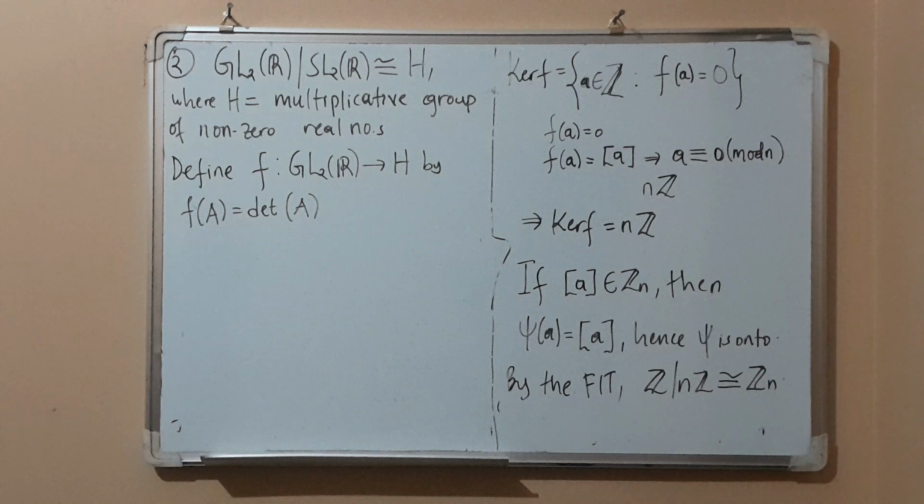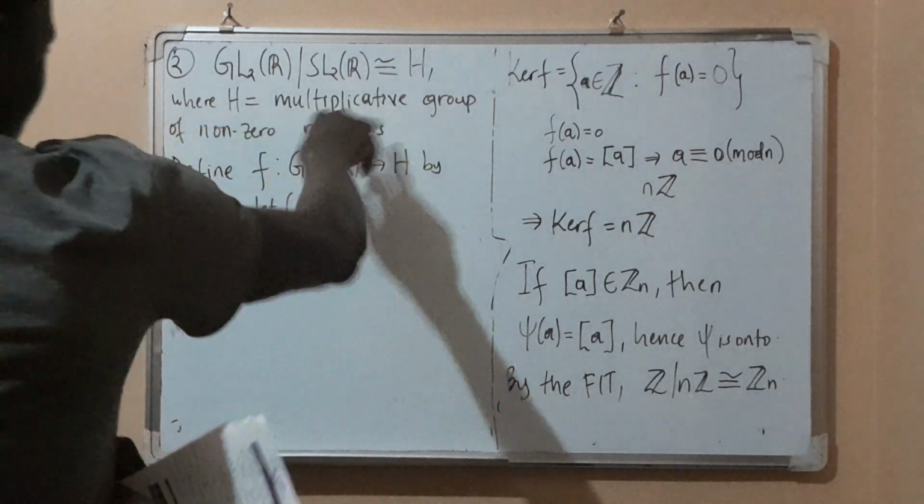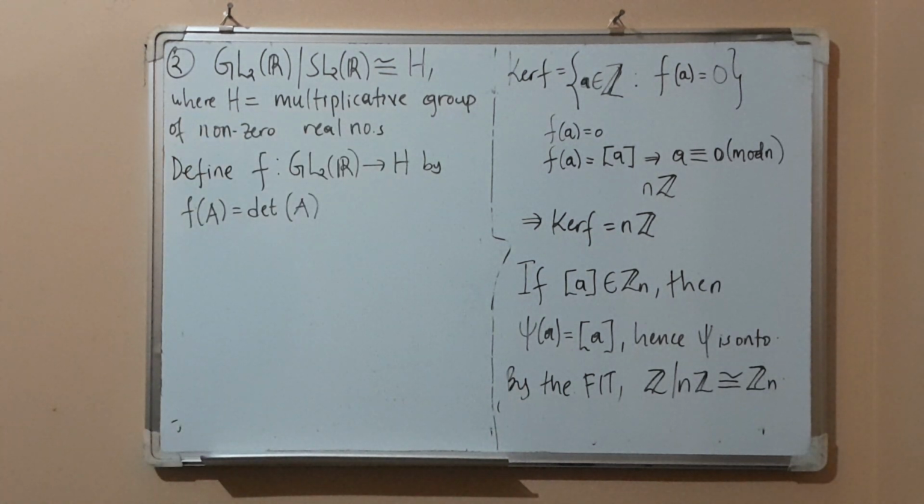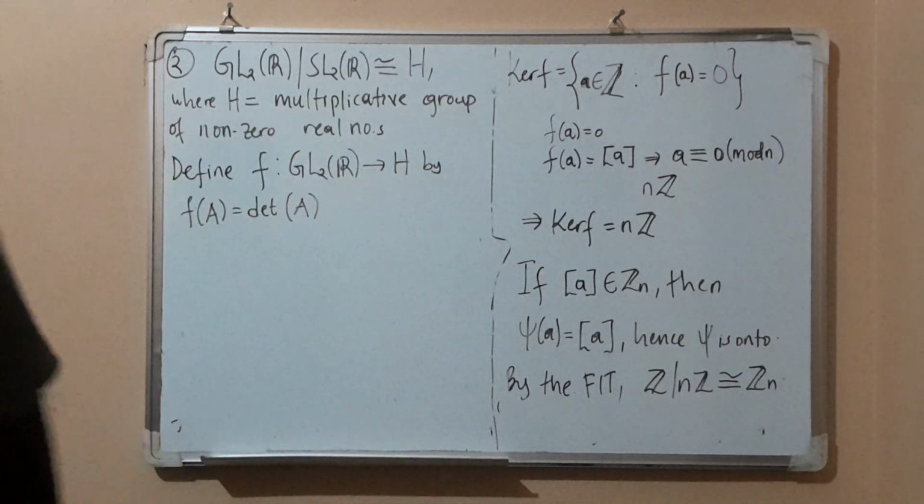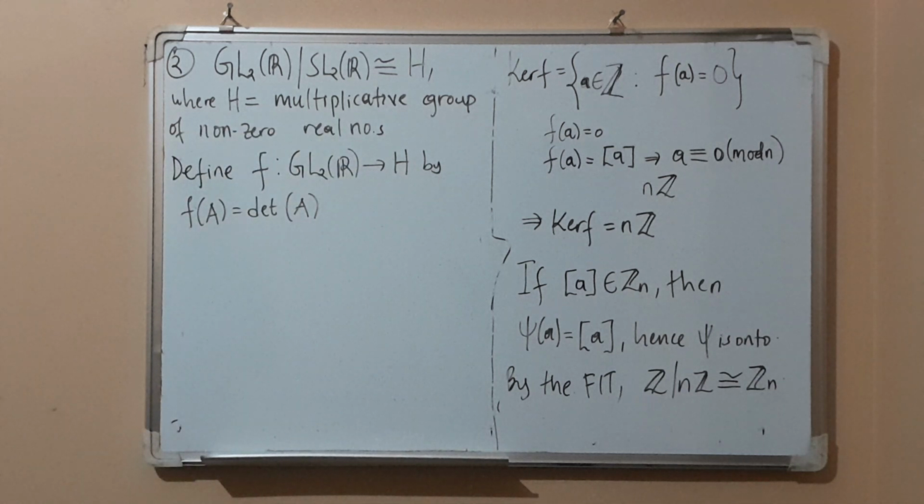Special linear group. And in particular here we are saying that this group H is the multiplicative group of non-zero real numbers.